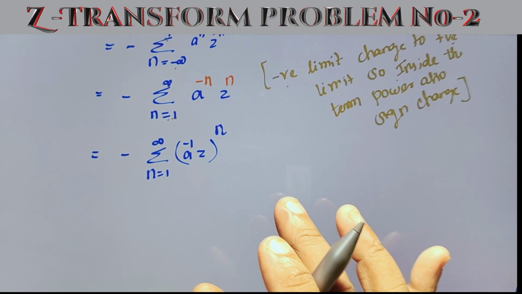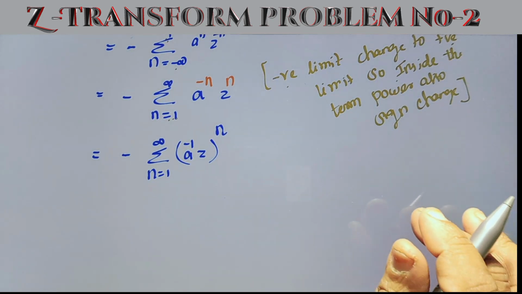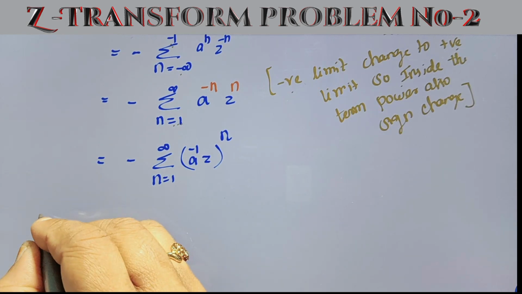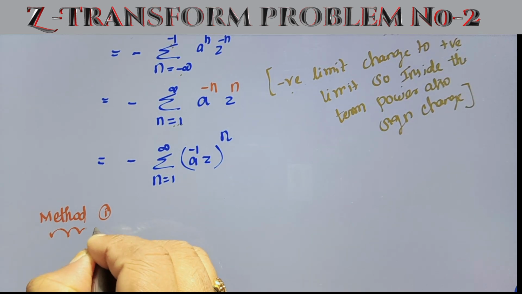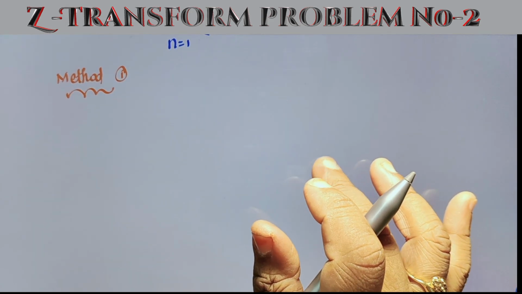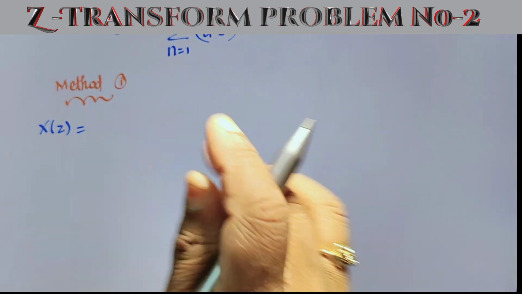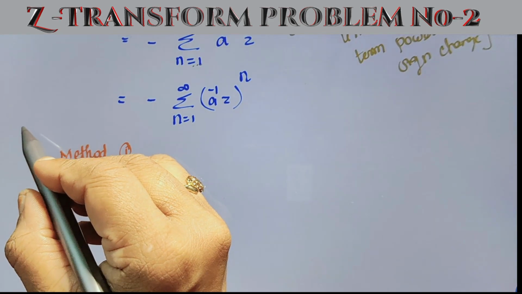There are two methods to simplify this. I will explain two methods. Method 1. X of z equal to, see here, this is the limit.